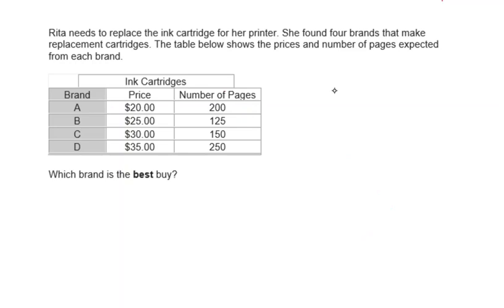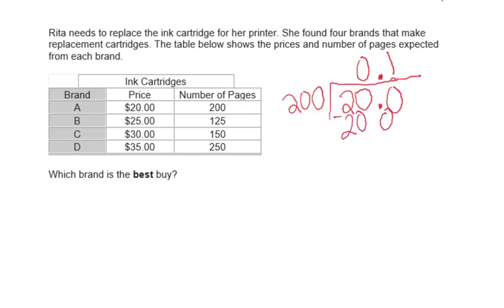So if we have $20 divided by 200 pages, 200 does not go into 20, so add a decimal and a 0. 200 goes into 200 one time, and you get no remainder. You could divide 200 into 0 just so that you can see that brand A is 10 cents per page.